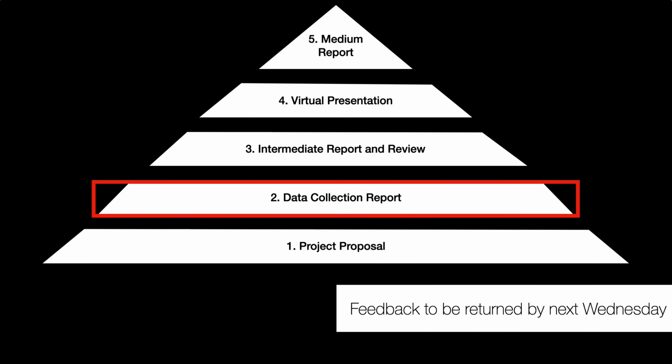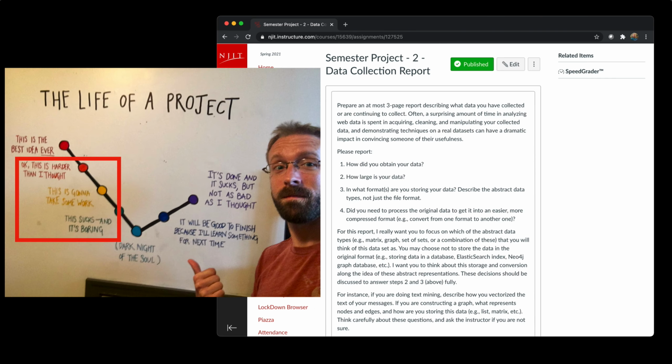Regarding the semester project, all of you have submitted your data collection reports. That's excellent. I'll get your feedback to you shortly, definitely by next Wednesday, but hopefully within the next 24 to 48 hours. So be on the lookout for that.